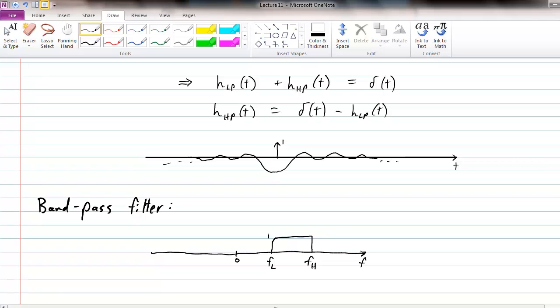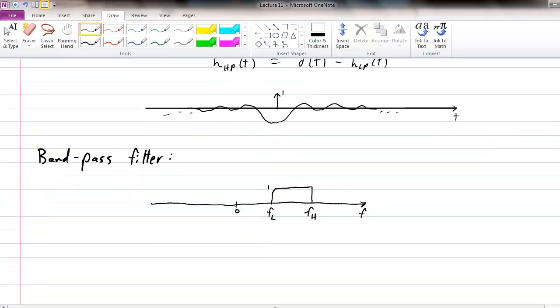Now, this does not correspond to a real-valued system. We know something about real-valued impulse responses. They have to be conjugate symmetric. You would have to have something over here as well if it was real. Let's just do the complex one first. Don't worry about whether signals are real.